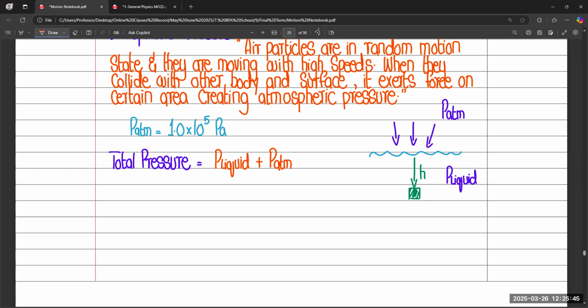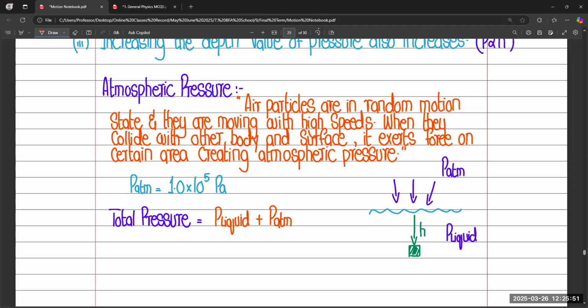These two values of pressure we have to add to find the total value. And you will get questions from this type of situation when we have two values of pressure combined together.